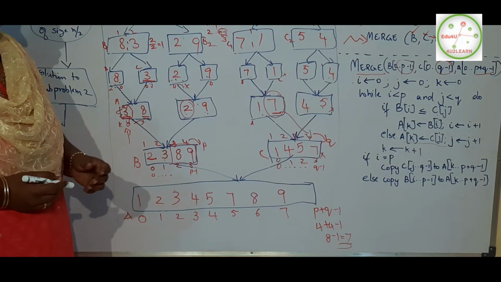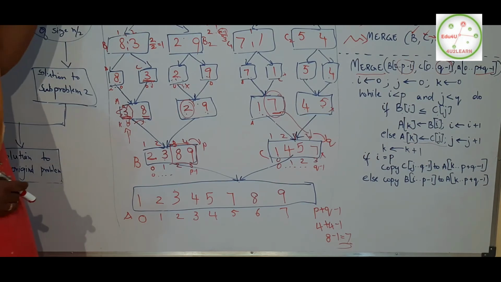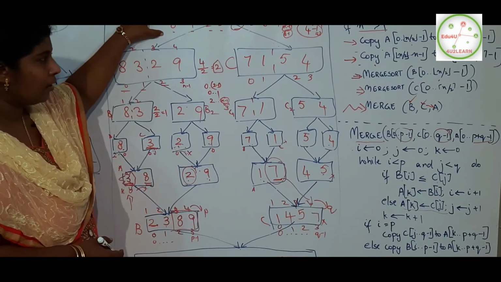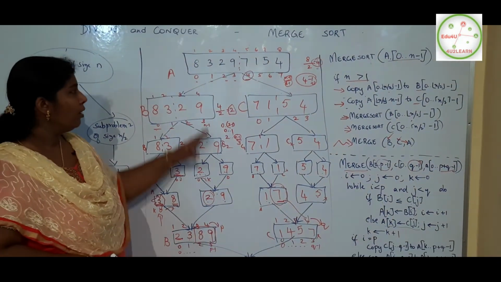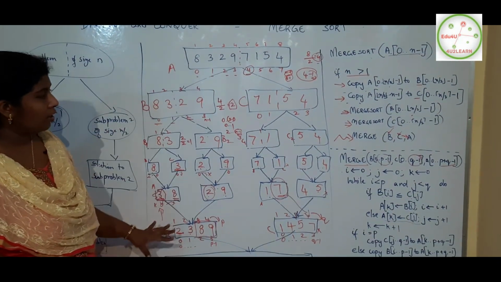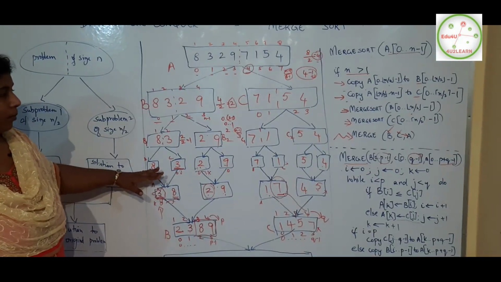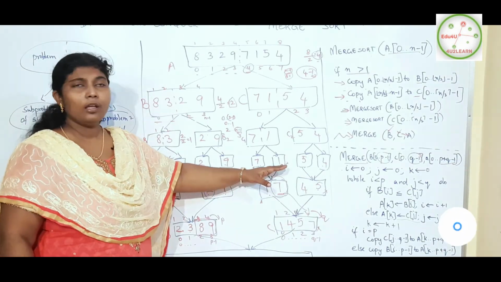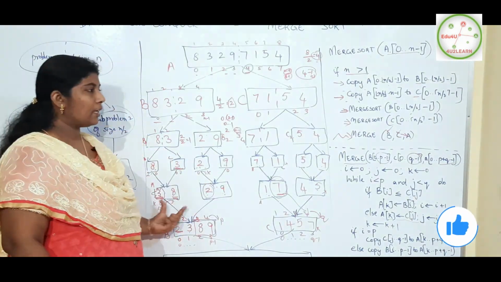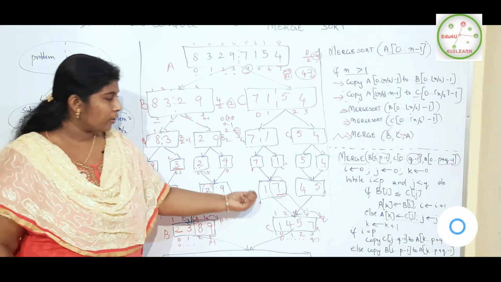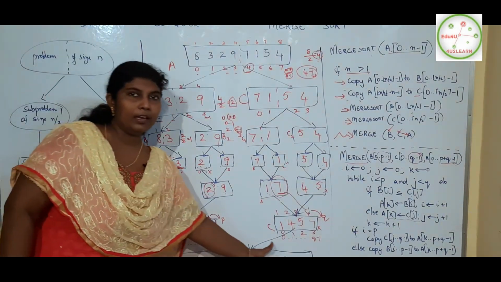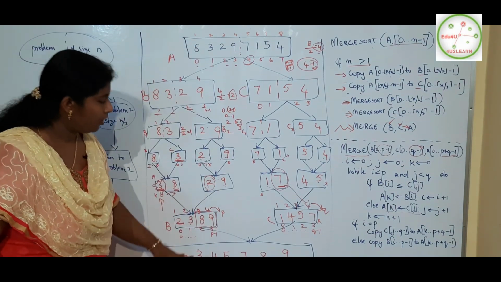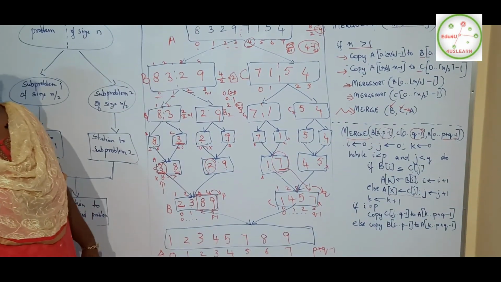So here what we find is we have got a bigger set for which we have to sort and get the answer. From here we have divided into sub-problems, and here we got it as the smallest unit. From this smallest unit we started combining with each other, that is merging, and finally the final set as an answer for the original problem we have got.